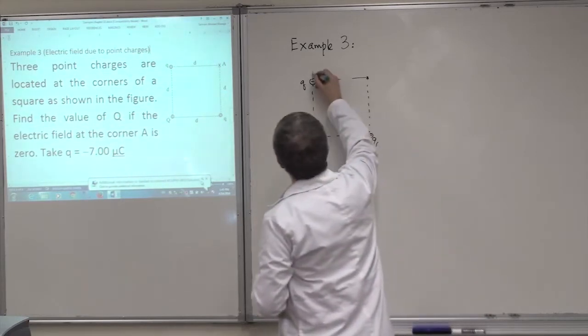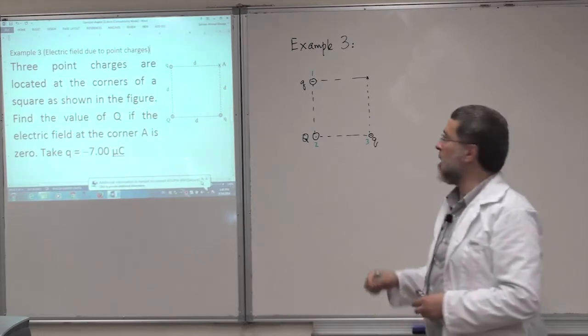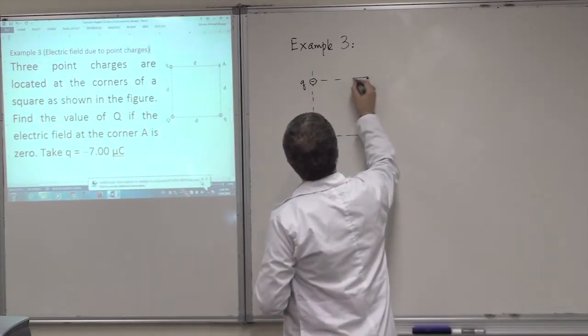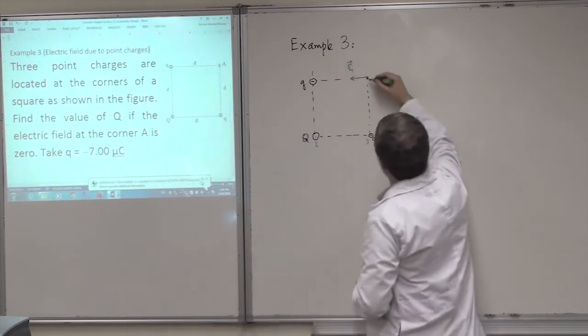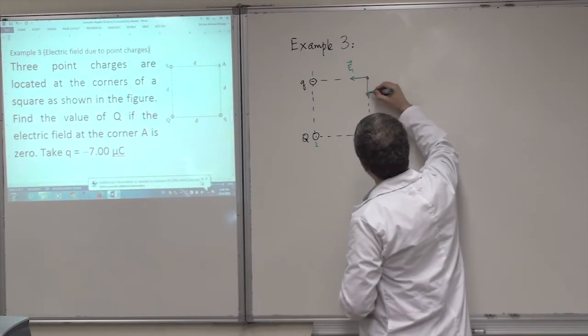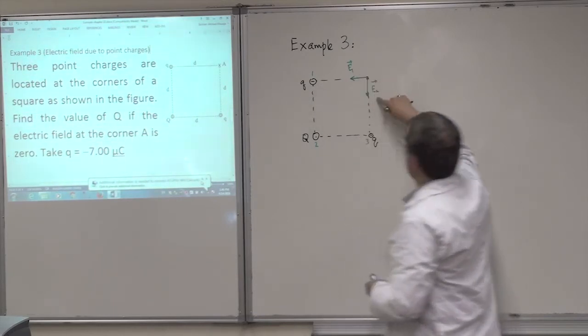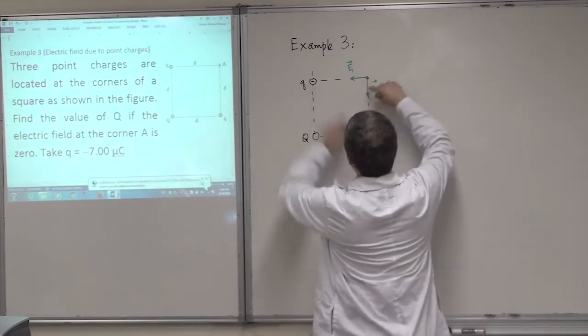I call these points number 1, 2, and 3 because we have to give them names. The charge is negative, so from this point the electric field will be in this direction. I'm going to call it E1. Charge negative, the electric field here will be in this direction. I'm going to call it E2, and I'm sure of one thing: E1 and E2 are equal in magnitude because the charges are the same and the distances are the same.